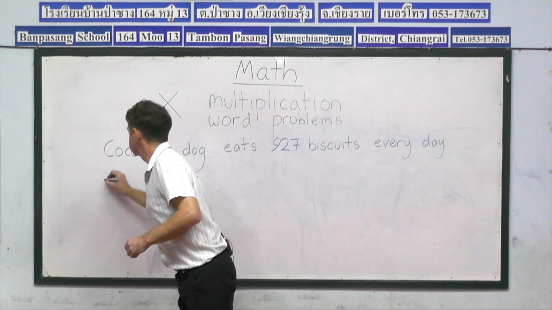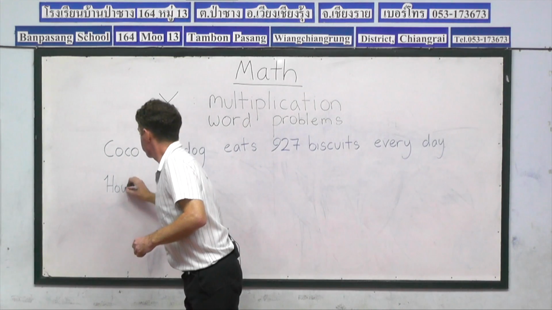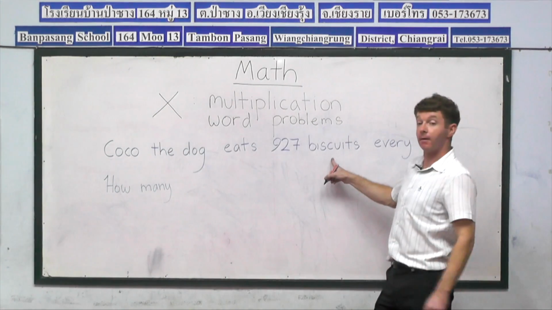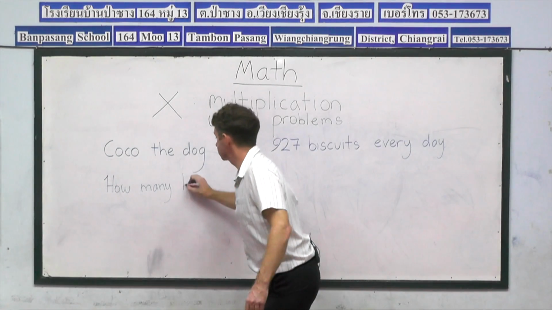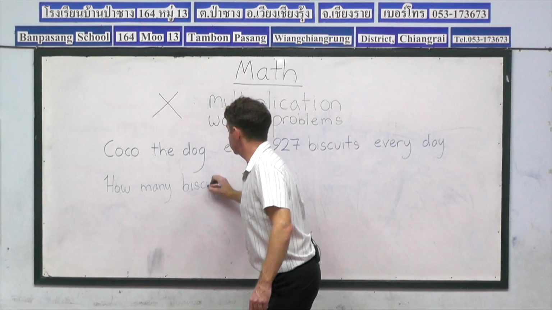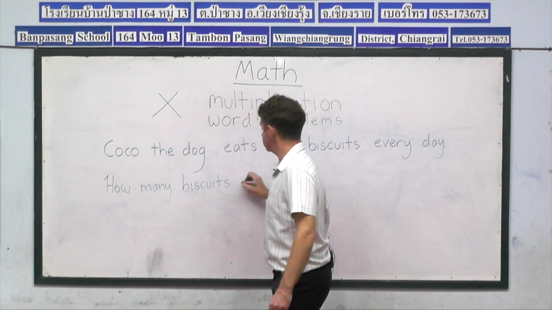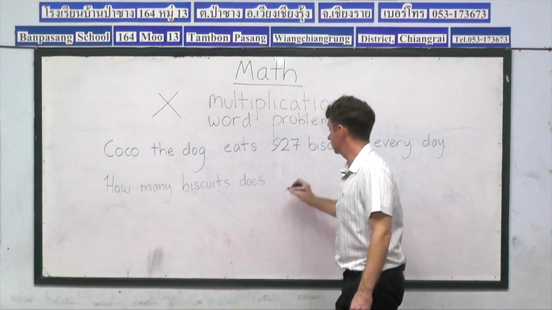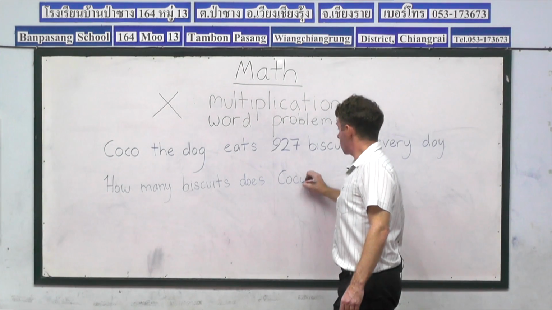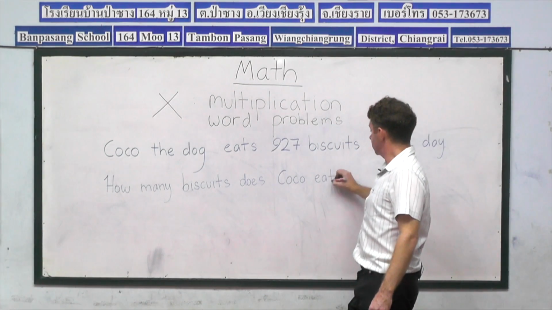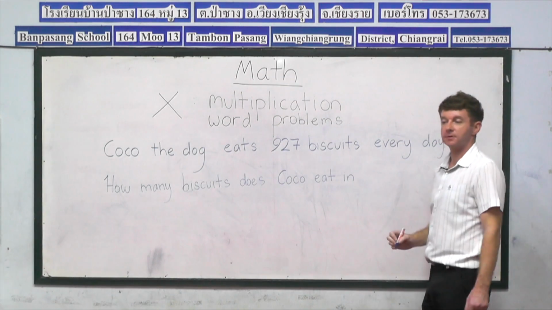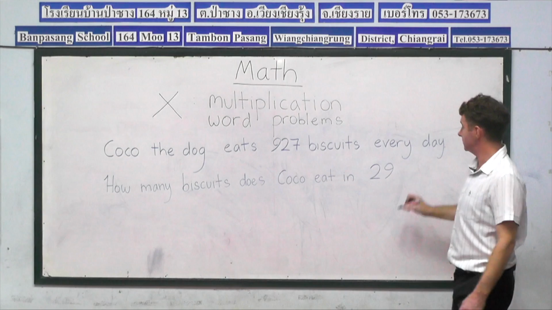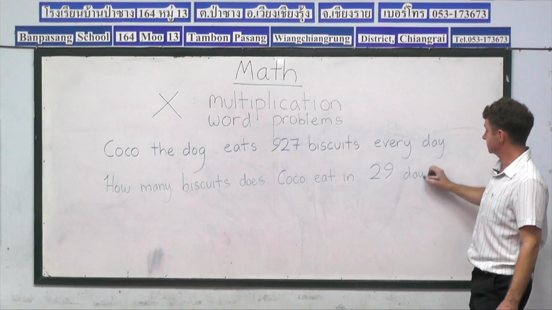How many biscuits does Coco eat in, can I have 2 digits? In 29 days.